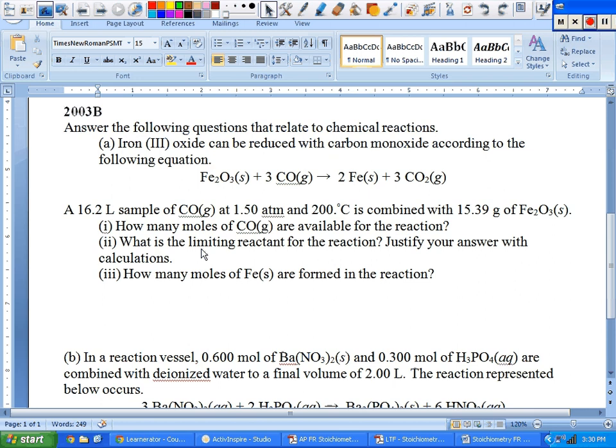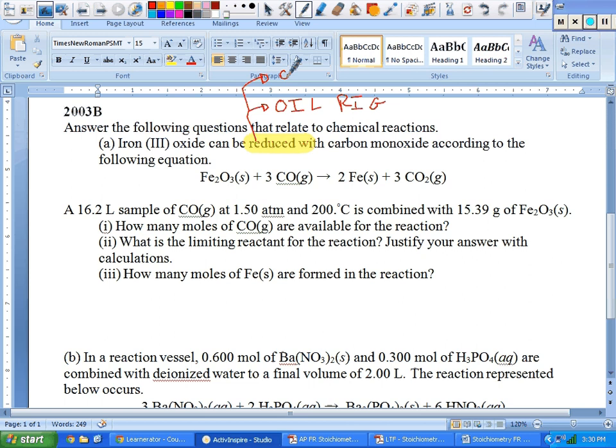Answer the following questions that relate to chemical reactions, and it says iron 3 oxide can be reduced. Now let's talk about this word right here. We're going to get into this later, but when it says reduced, do me a little favor. Please write OIL RIG, and then above OIL RIG, write oxidation state.